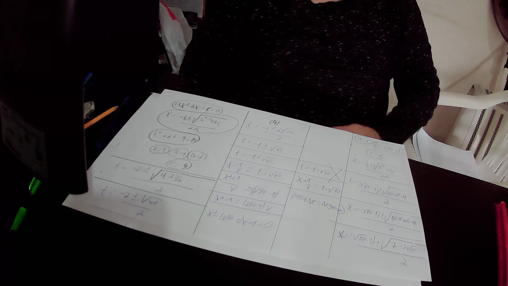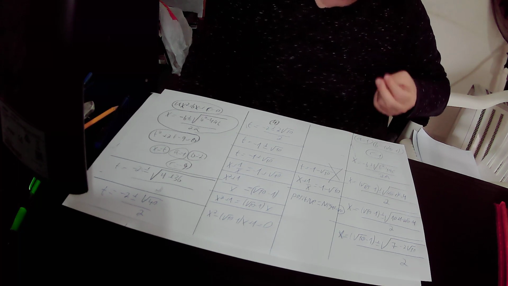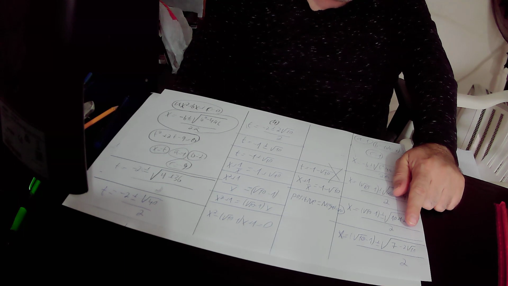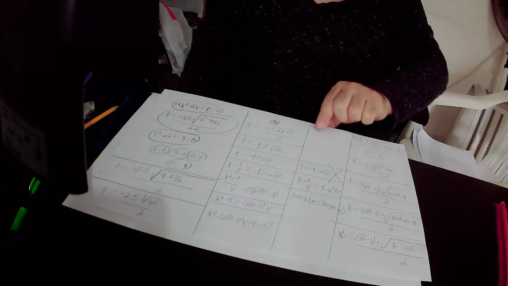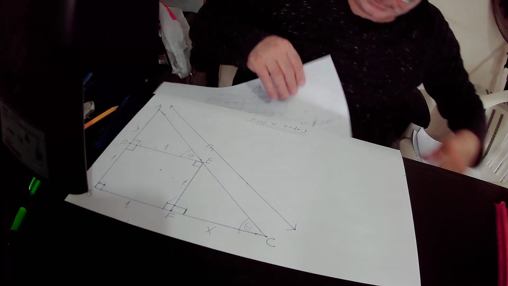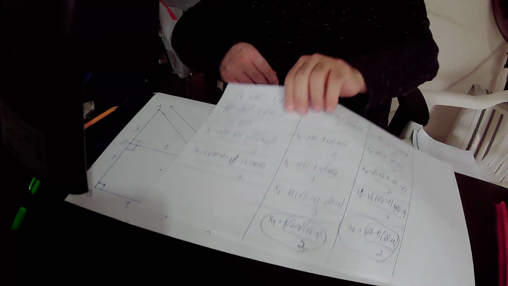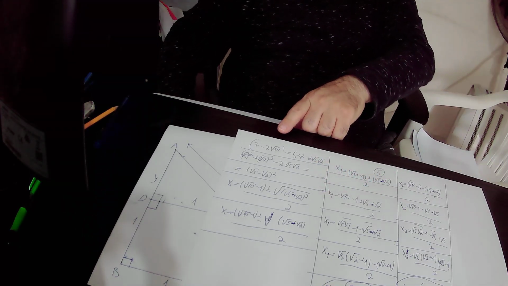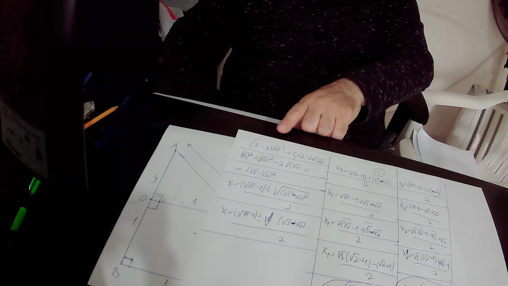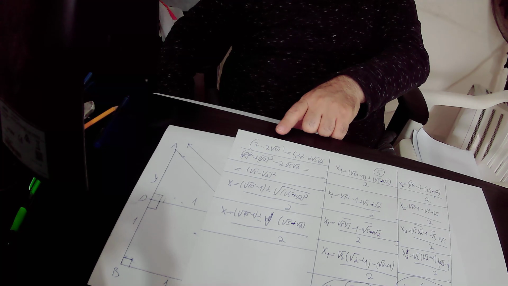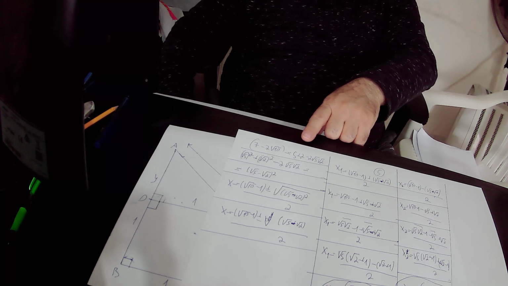So inside the root we have 7 minus 2 times square root of 10, and we change this expression to another form. This expression equals, 7 is 5 plus 2.